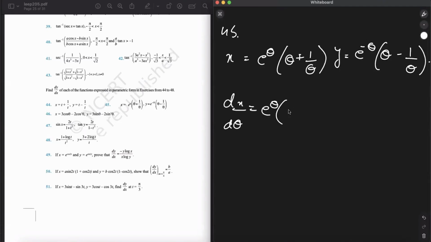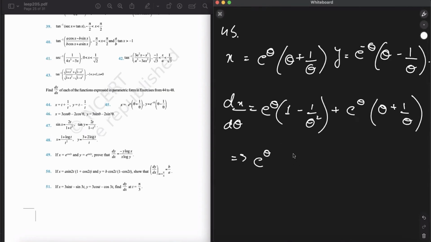I'm differentiating this part, so it will be 1 minus 1 upon theta square, plus I'll differentiate this part, so e^theta times theta plus 1 upon theta. So adding the whole thing up, e raised to the power of theta will come out in common, times theta plus 1 upon theta. So this is your whole part for dx upon d theta.